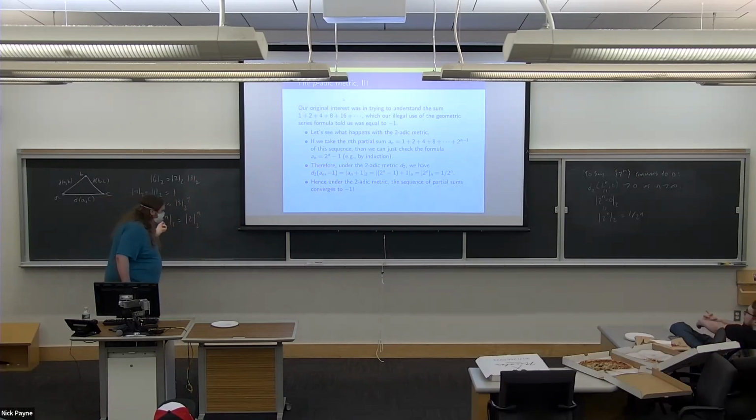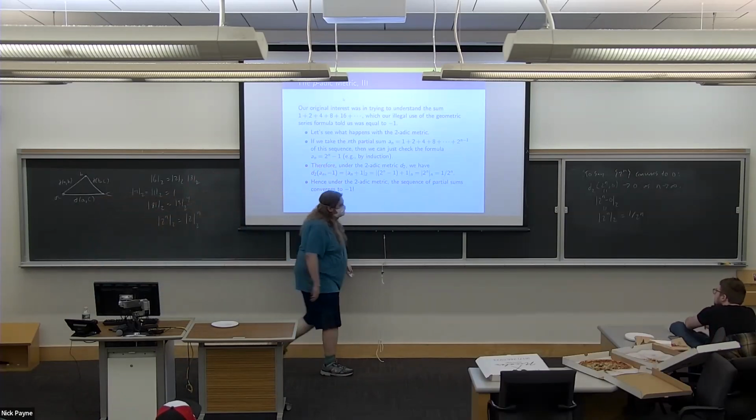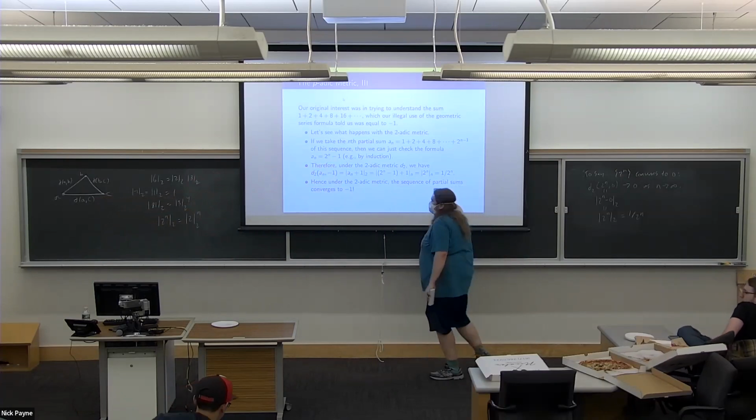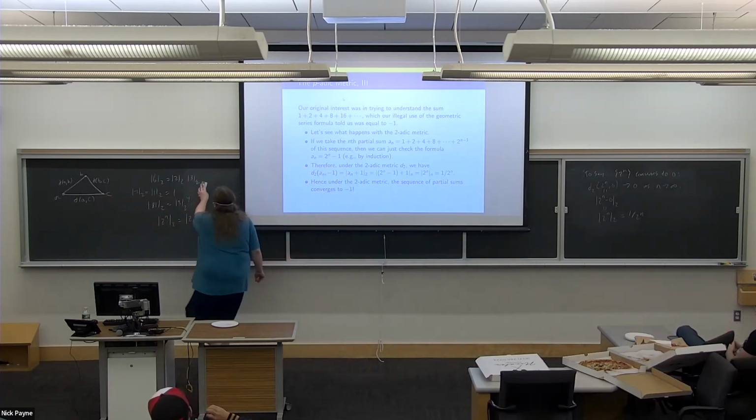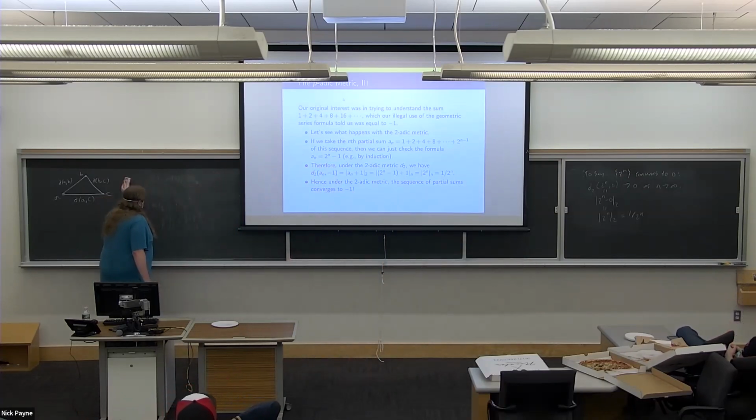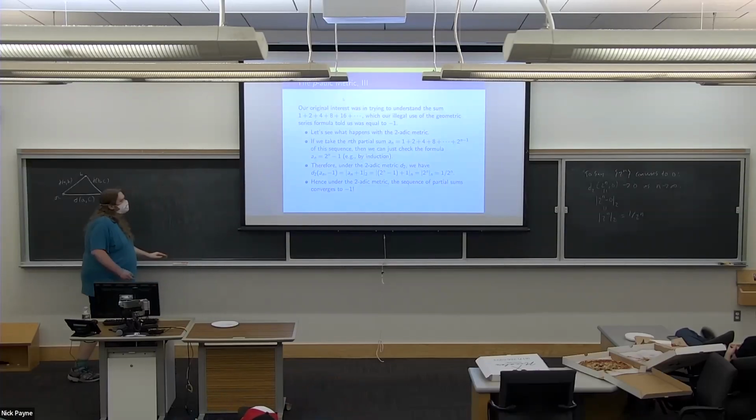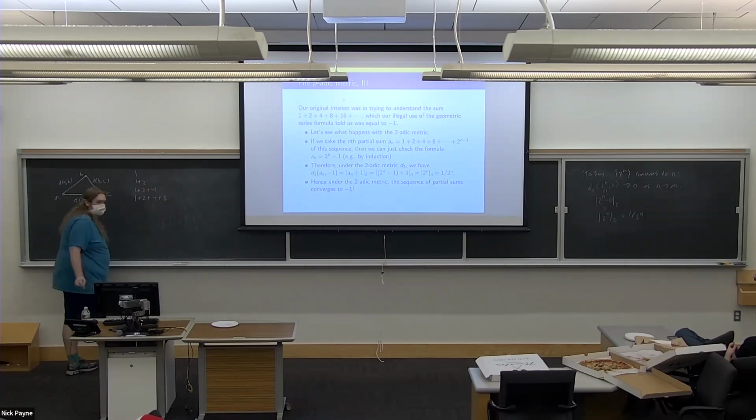So let's compute them. Here we go. So what are the terms of my sequence? Well, I have 1, 1 plus 2, 1 plus 2 plus 4, 1 plus 2 plus 4 plus 8, etc. Okay.